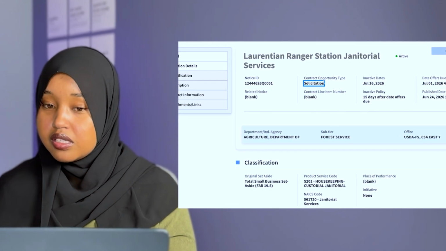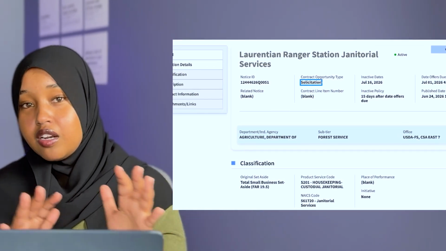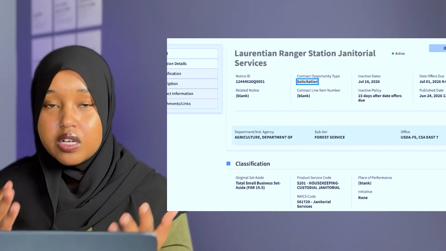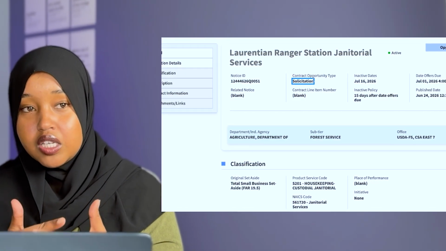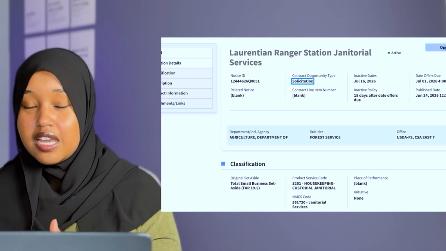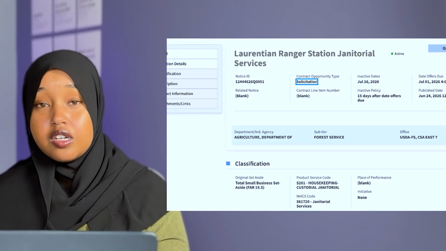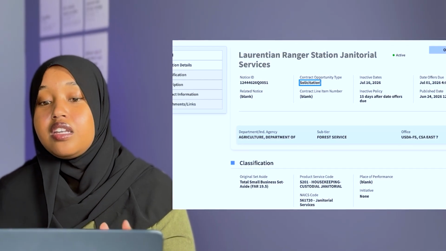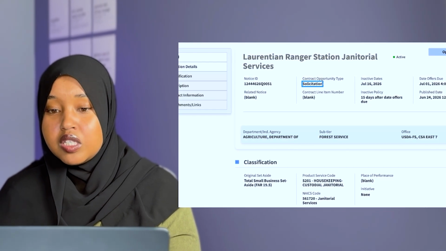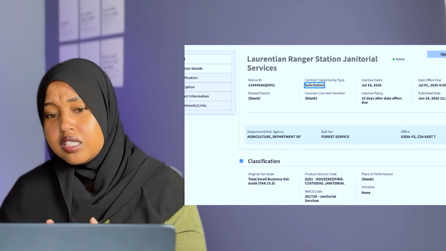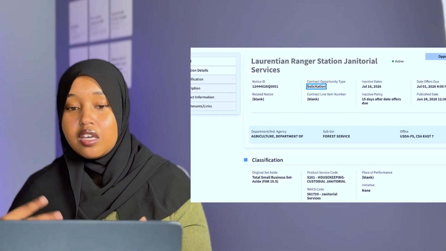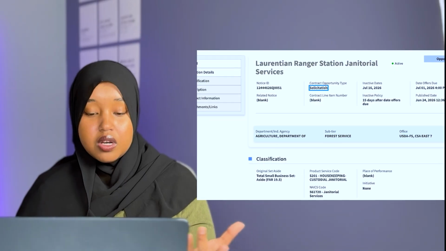So that's typically pre-solicitation. The government is looking through different bids that come through and considering their budgeting, looking at how much to set aside for the specific contract. If you see solicitation, that means they need pricing right now. They already set the budget. They know what they are looking for in most cases. And they want to see if there are companies that are eligible and that they want to work with, that want to bid.